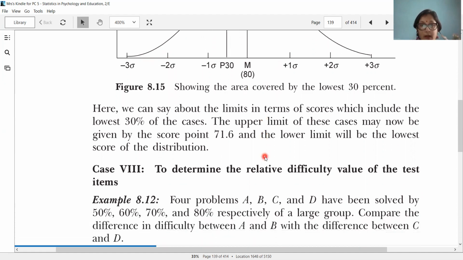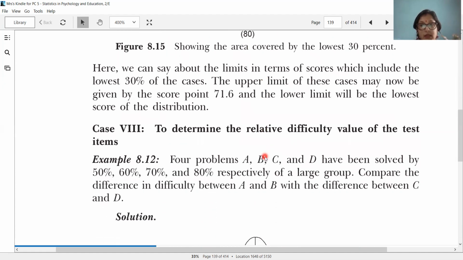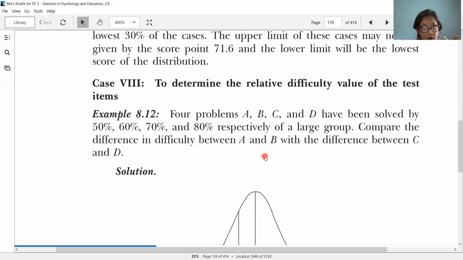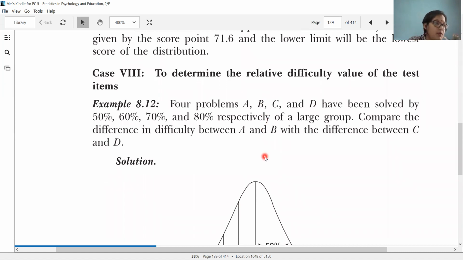Now I am going to talk about application number 8. According to application number 8, the normal curve is used to determine the relative difficulty value of the test items.